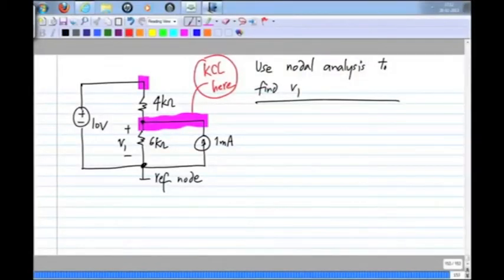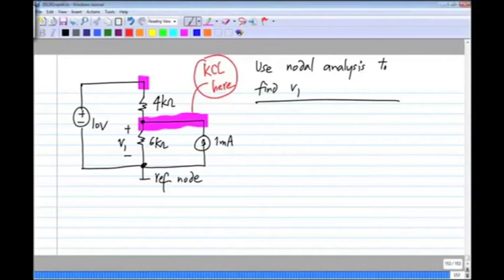I got one response. Anybody else? So I've got 3 responses, all different from each other.